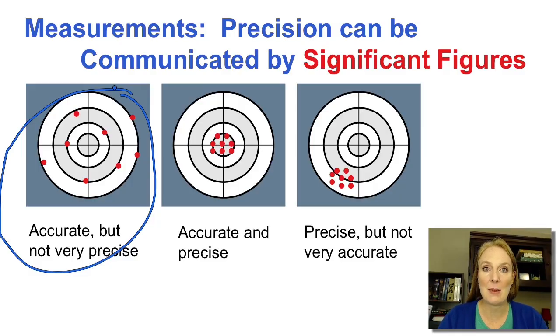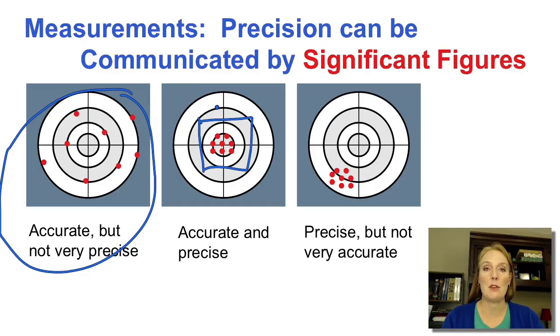Ideally, we'd like to have measurements that are both accurate and precise, because that way we have a very careful measurement with a large number of significant figures. Probably the most dangerous thing is to have measurements that are precise, meaning each time we take the measurement we get the same value, but not very accurate, because oftentimes those are misleading.